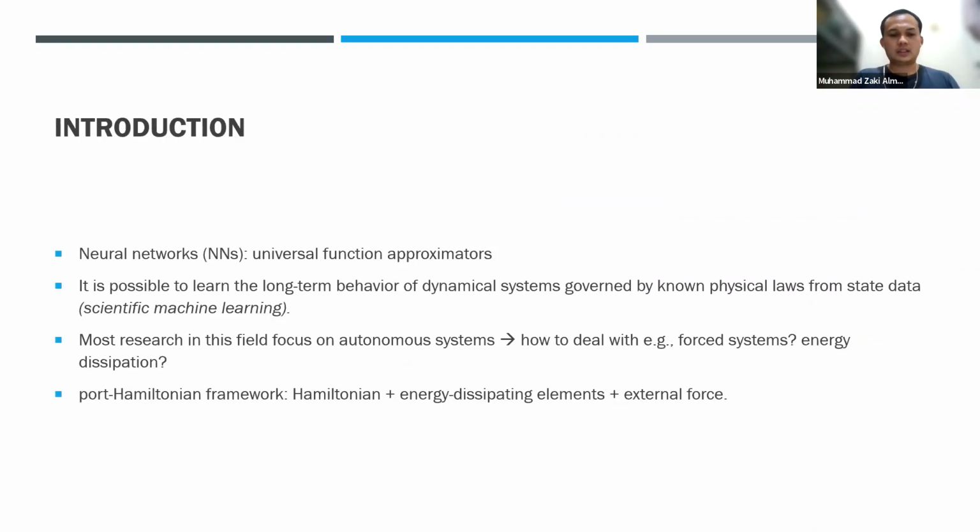And the motivation of this work is that, first, it is now well known that neural networks are considered universal function approximators. So if we talk about dynamical systems and differential equations, we can learn the long-term behavior of those dynamical systems by using neural networks.